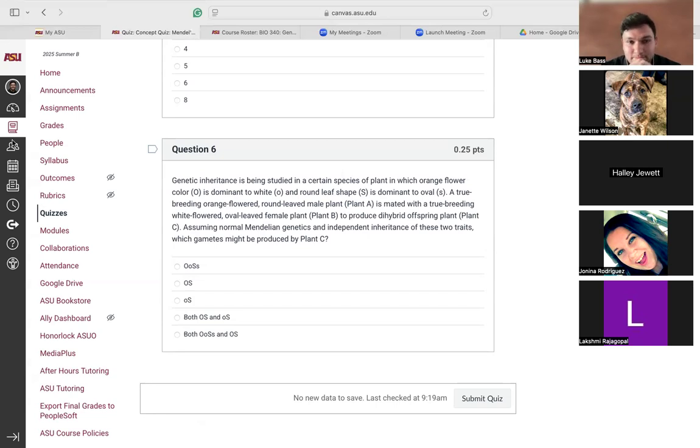But I have to find the gametes for these. Correct. There look to be a few different gametes that are possible. Just looking at these answers, you'll see that big O, big S is a possible gamete, right? And same thing with the second one, because you have a little o here and a big S.